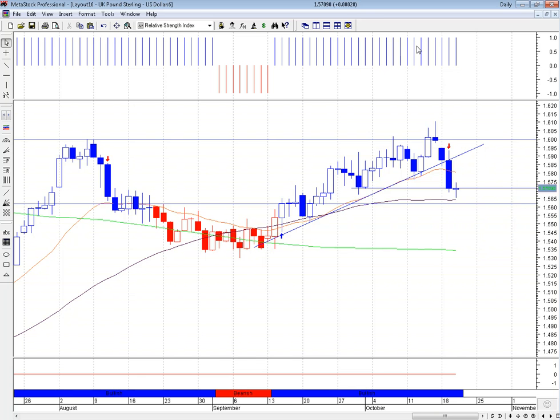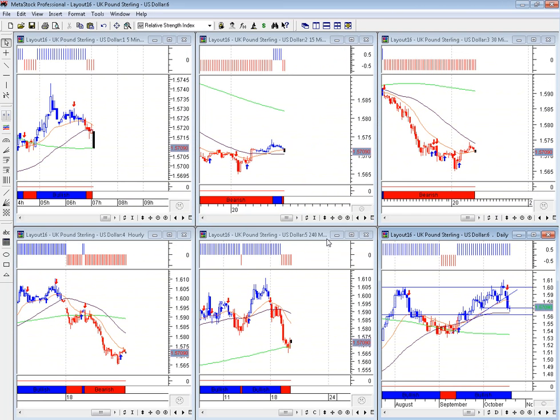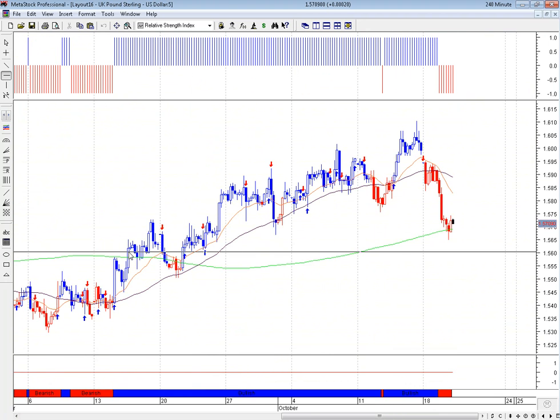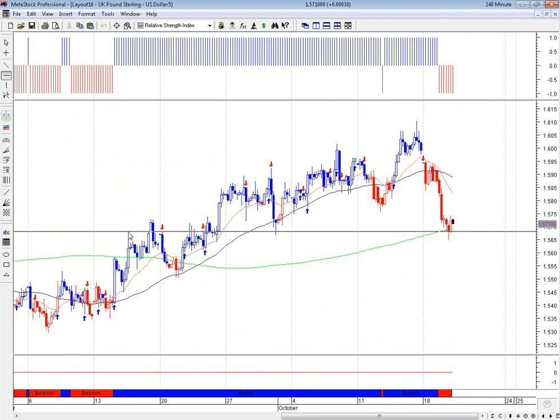So we'll have a look at the intraday time frame to see what we have. You'll notice that on the 4 hour, the 200 period moving average is coming into play and acted as a support area, around potential support and resistance in the past.